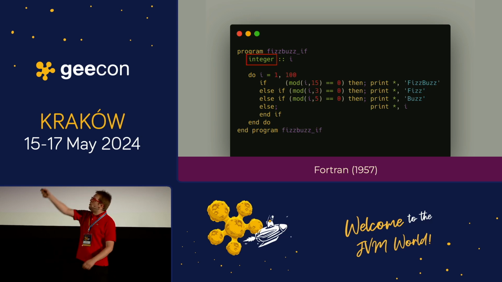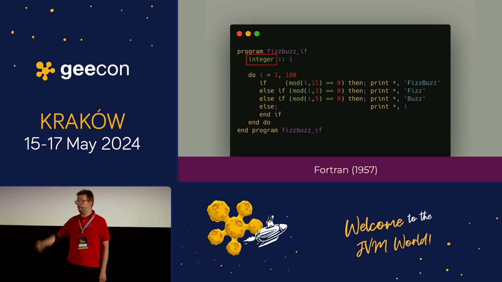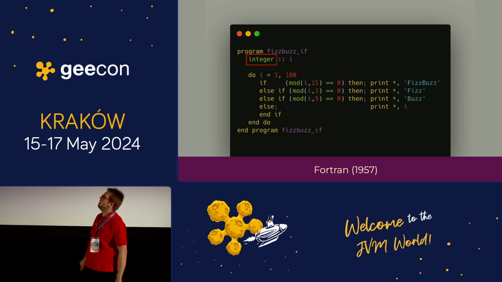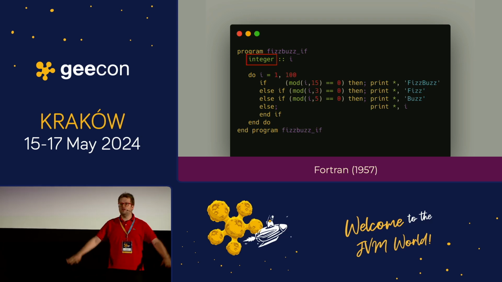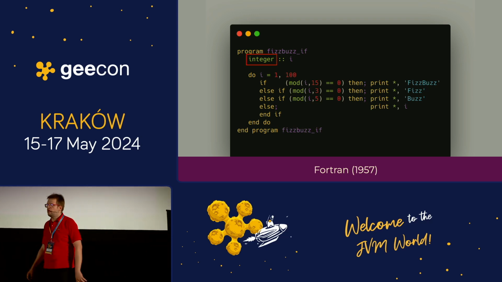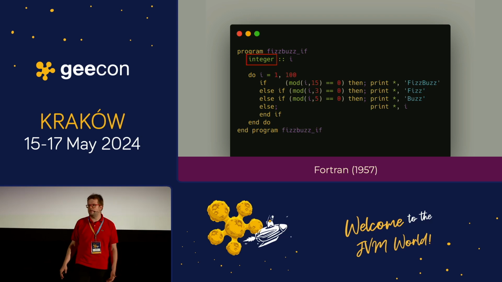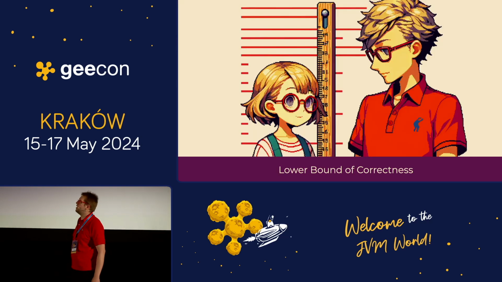So now we agree, we are saying in our program that a variable is an integer, so it's a number. If we use it outside of the number context, please let me know that I just shot myself in the foot, in the knee.